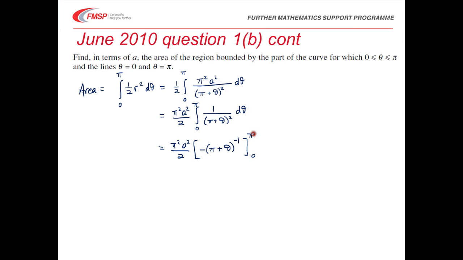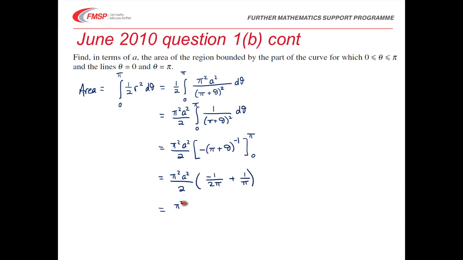Check by differentiating that it does give us what we started with. And then substituting in the limits, if theta is pi, that's -1 over 2 pi. And if theta is 0, that's minus 1 over pi plus 0, so minus 1 over pi.